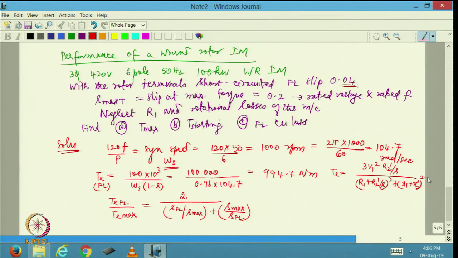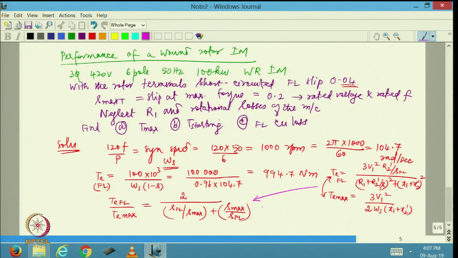This is what we write for TE full load, with S as S full load. And I can also write TE max equal to 3 V1 square divided by 2 omega S multiplied by X1 plus X2 dash. This is another expression. If you combine these two expressions, I am sure you should be able to derive this expression. Please try to derive it.